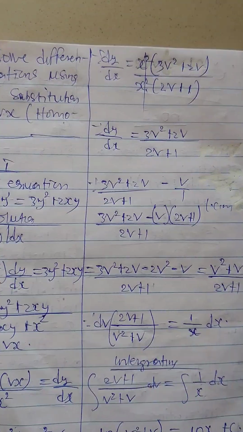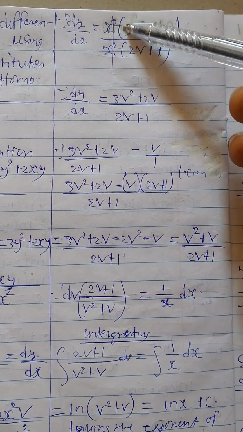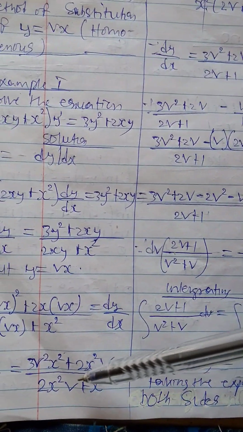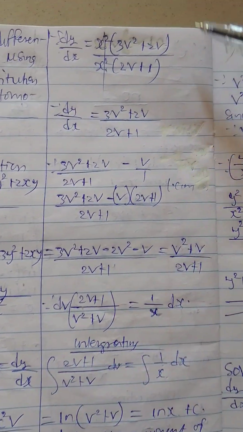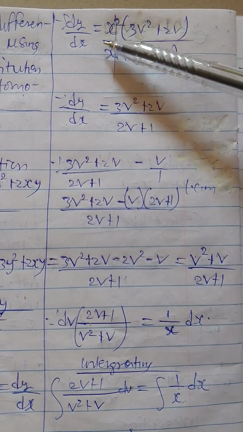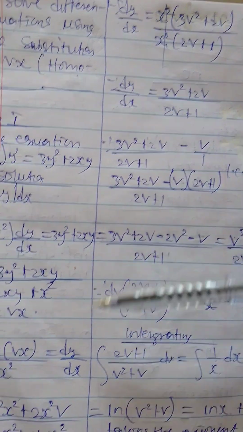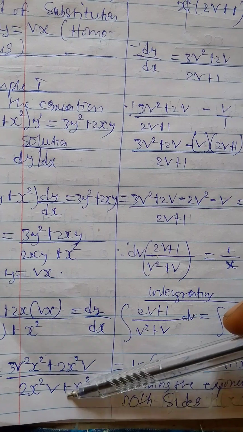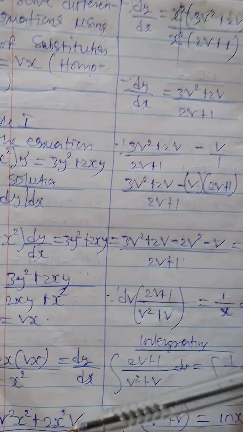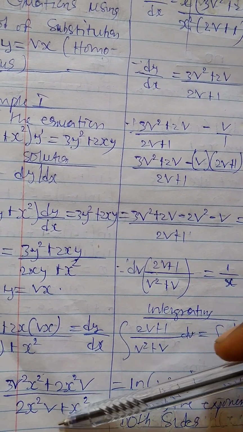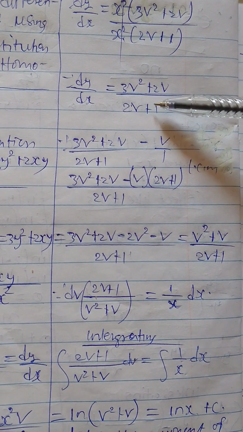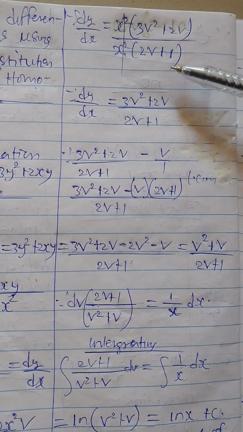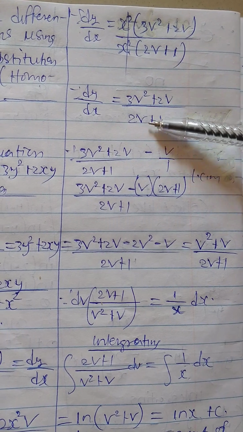Okay, so that becomes dy over dx is equal to x squared (3v squared + 2v), since x squared is out. Now if I factorize x squared out here, that becomes x squared (2v + 1). So I have dy over dx is equal to (3v squared + 2v) all over (2v + 1).